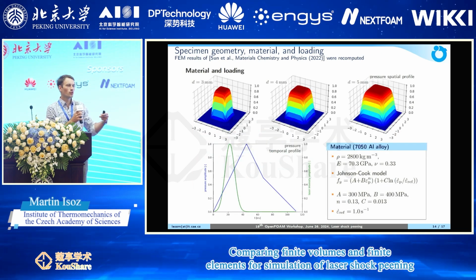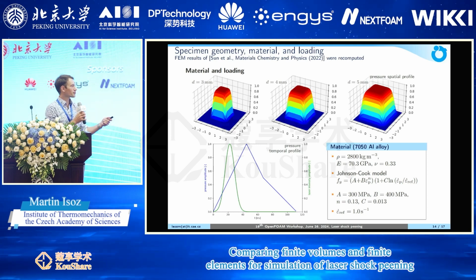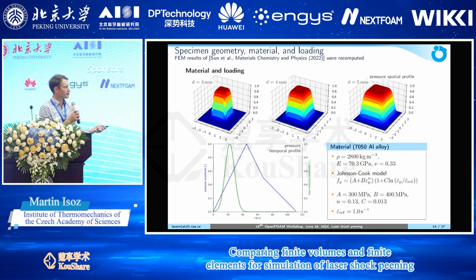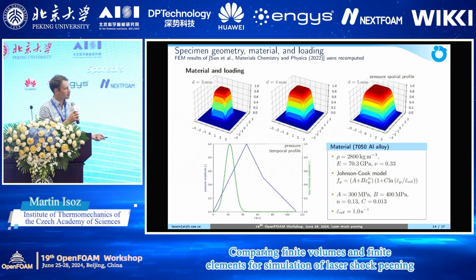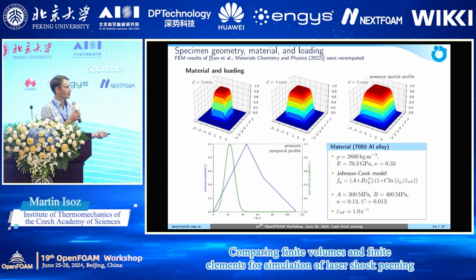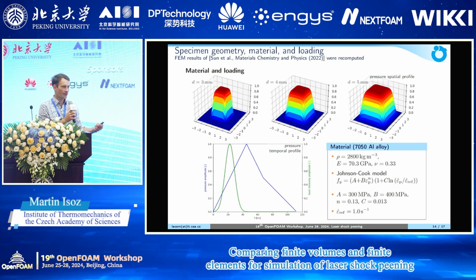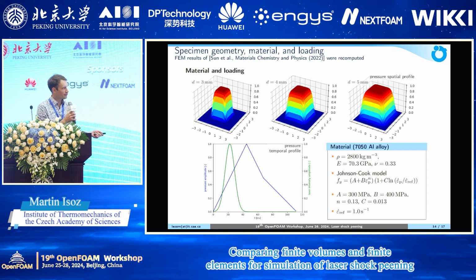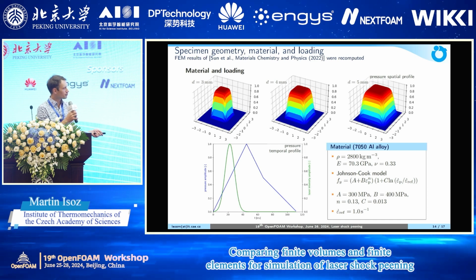So no calibration for loading, because we took it from the paper. This is the pressure spatial distribution, and this blue line is the pressure temporal distribution. Material properties were everything the same as in the paper. We have the Johnson-Cook model, which we actually had to implement in OpenFOAM.